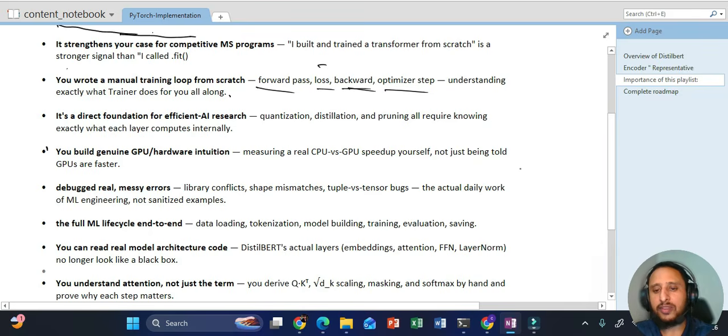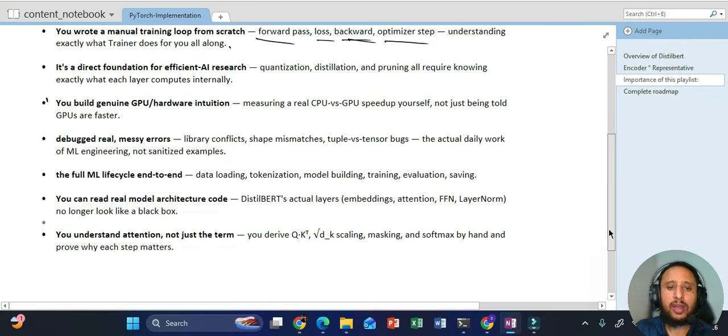We are going to understand the internal working of the GPU and how GPUs speed up things. So this will also give you hardware intuition, and you will not be a person who has only been told that GPUs are faster than CPUs. Rather, you will be the person who understands it and can explain the internal working of GPUs.